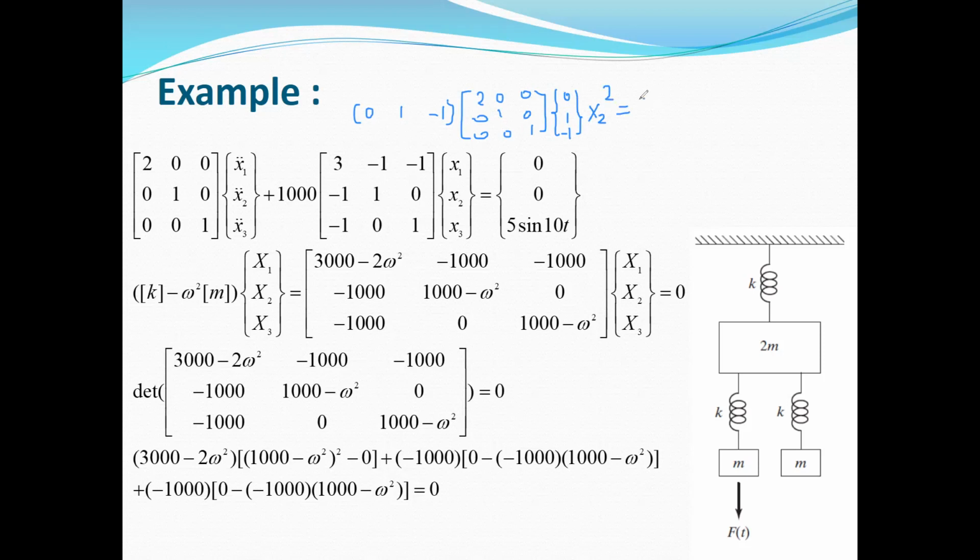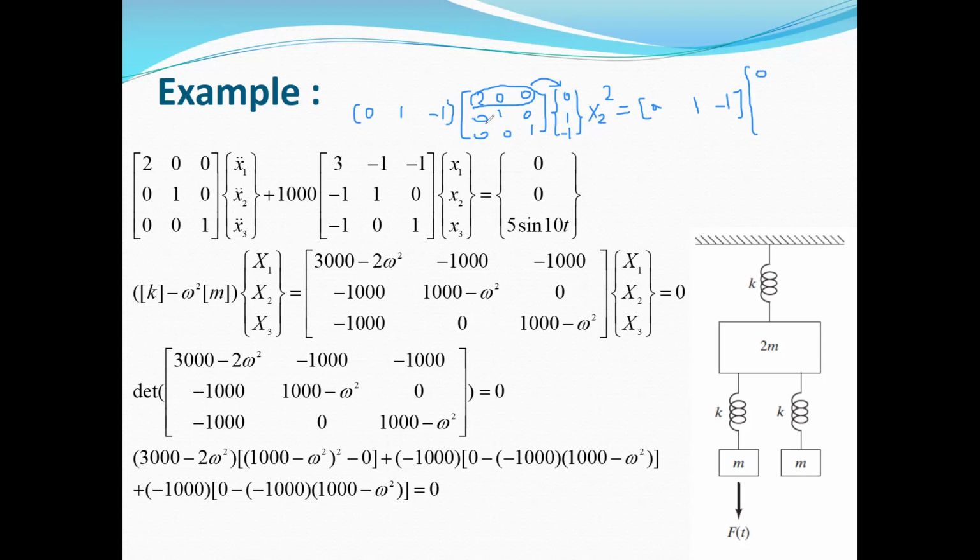Okay, so we need to calculate this matrix. It is equal to 0, 1, minus 1 multiplied by a vector. The first component is this row multiplied by this vector: 2 times 0, 0 times 1, and 0 times minus 1. So the first component is 0.